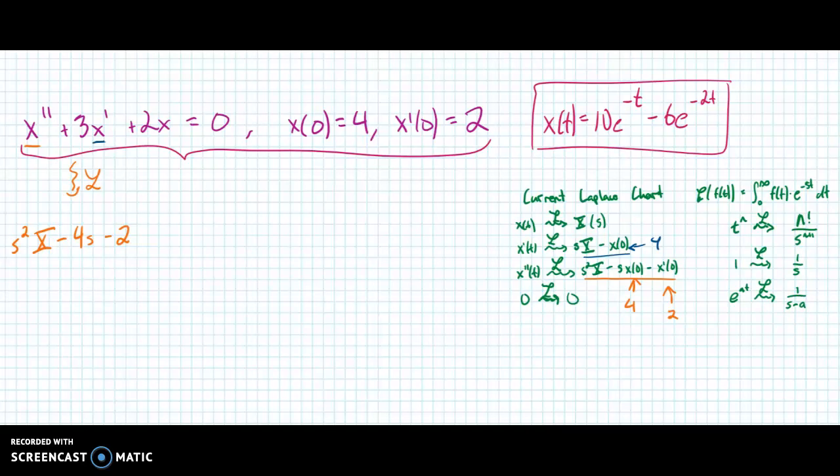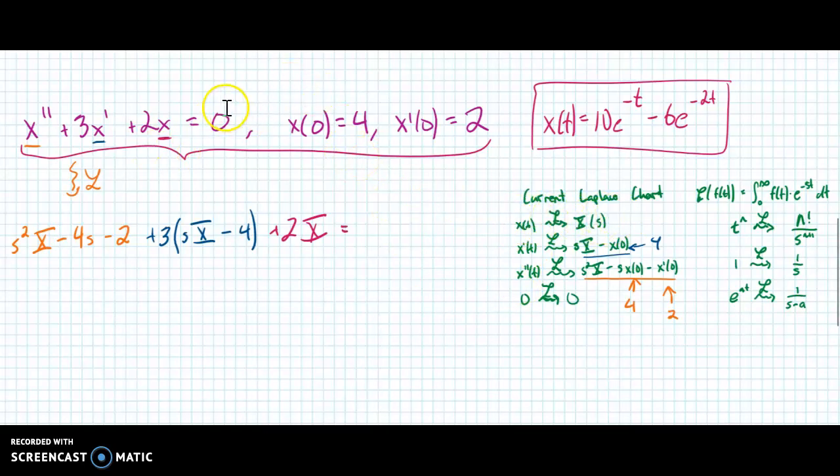So I get plus 3, open parentheses, and inside of that parentheses, I'm going to put this piece, right? So I get s big X minus just 4. And then the last part is just this thing, so I get just plus 2 big X, because remember, little x just Laplaces to big X.